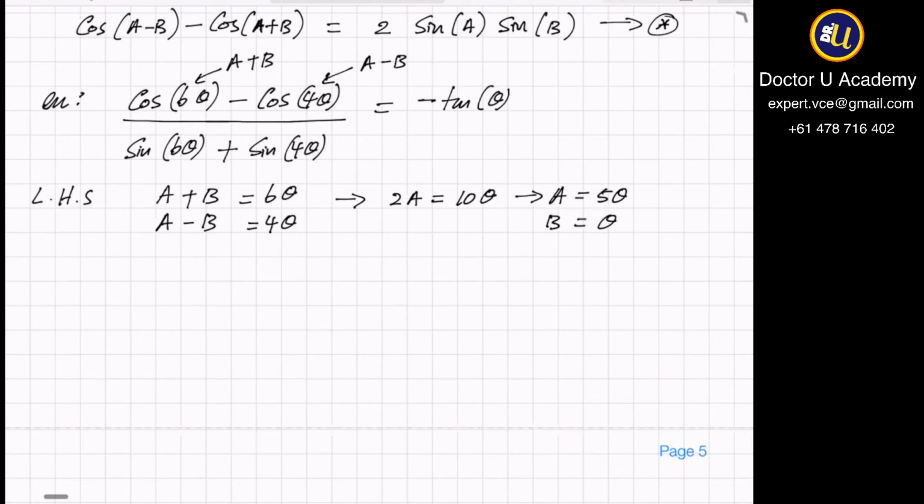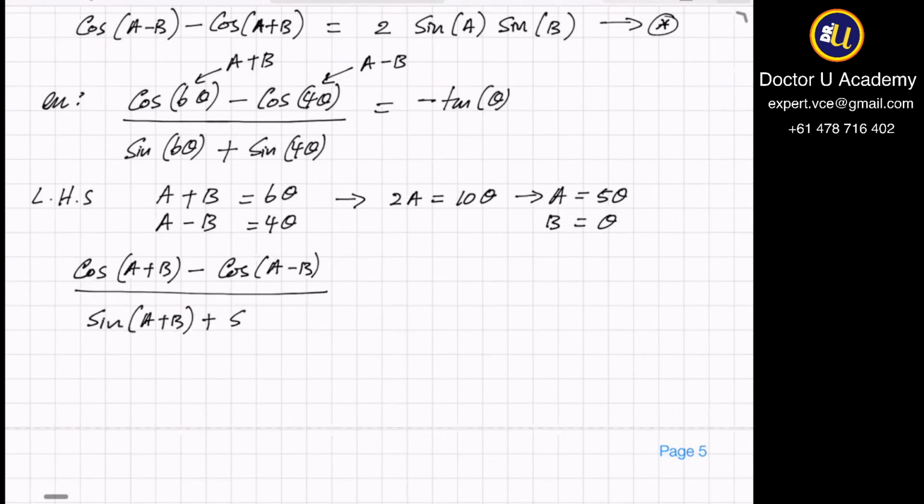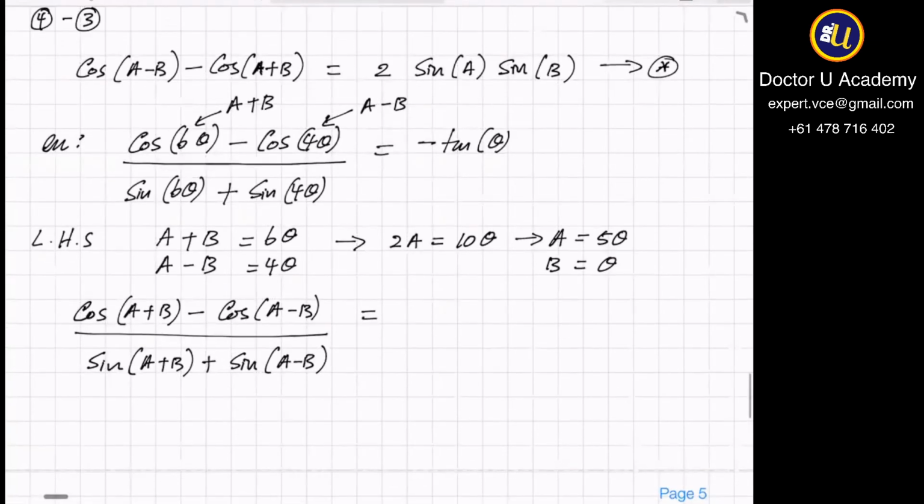So now we write this in this way: cos(A+B) - cos(A-B), where A, B values are 5 theta and theta, divided by sin(A+B) + sin(A-B).